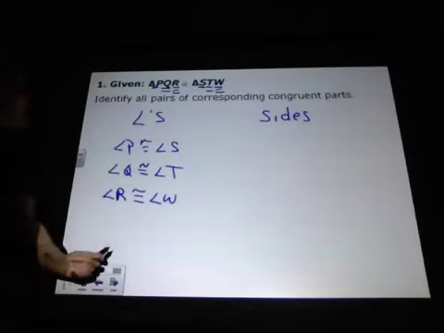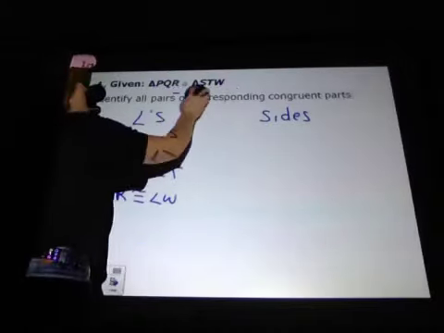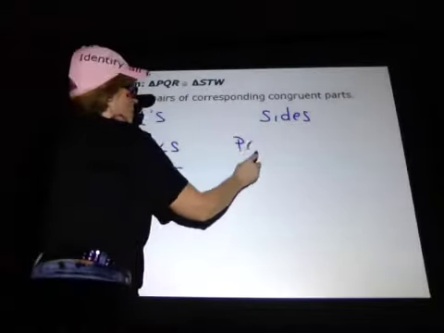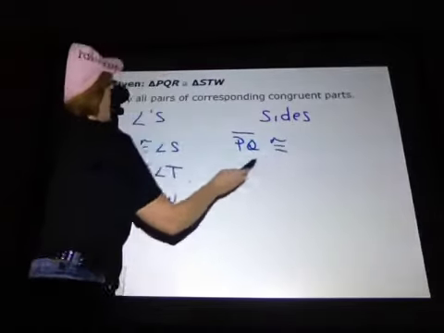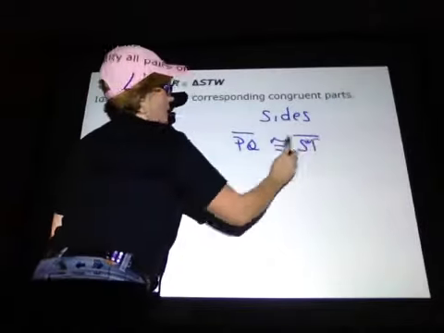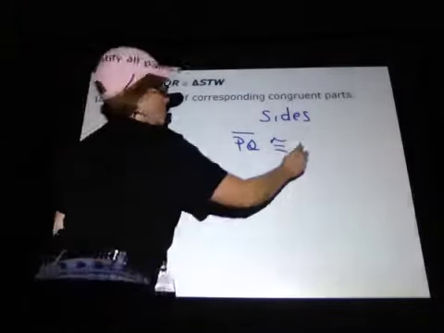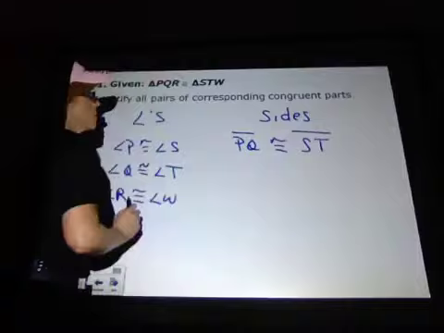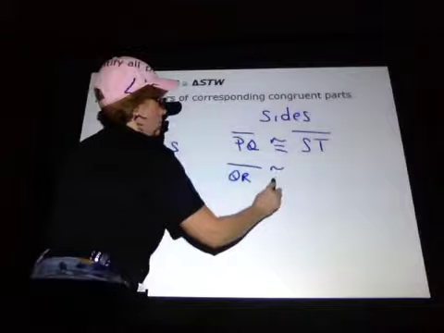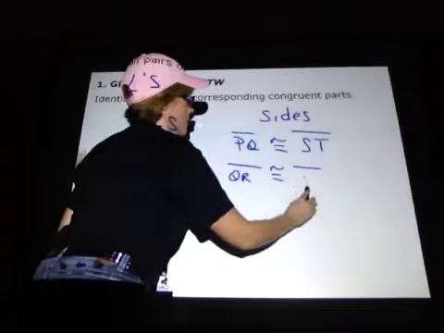Now let's identify our sides. We have sides PQ congruent to ST. Notice how I went first, second, so I have to go first, second to ST. All right, then let's go QR, segment QR, second and last vertex, so it has to be second and last, TW.